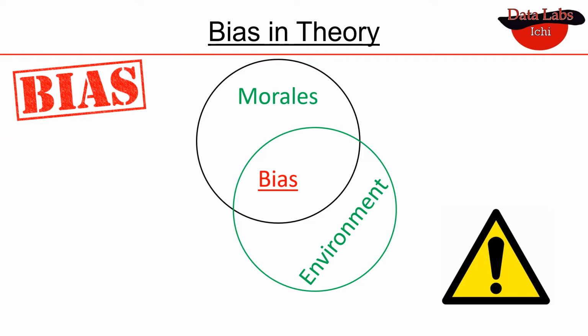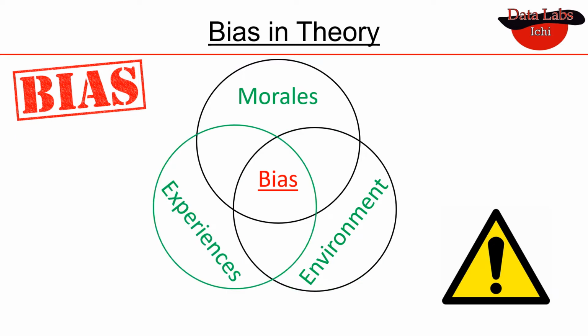So our environment is a key influencer on bias as well. Then we have experiences. Everyone's personal experiences help to influence the way that they perceive certain events and certain things in the world, which is another way to say bias.